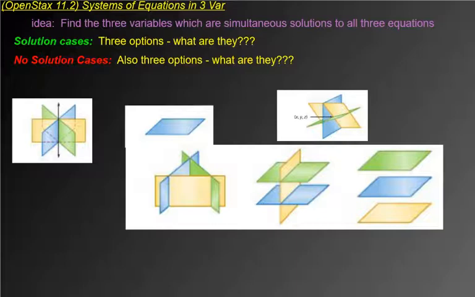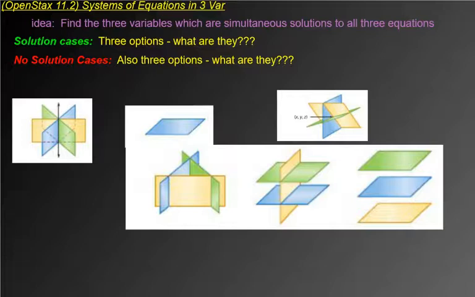I want to talk today about systems of three equations. In three equations, we're talking about x, y, and z, and we're basically thinking about when planes intersect. There are three solution options here, and three cases where you get no solution.